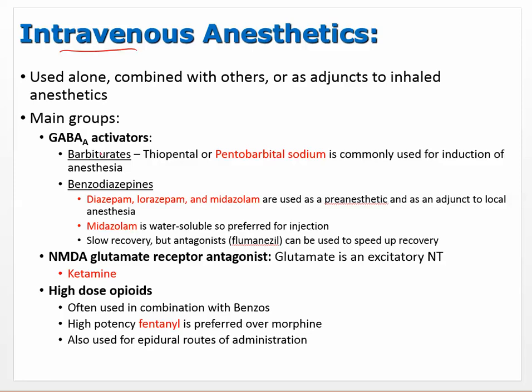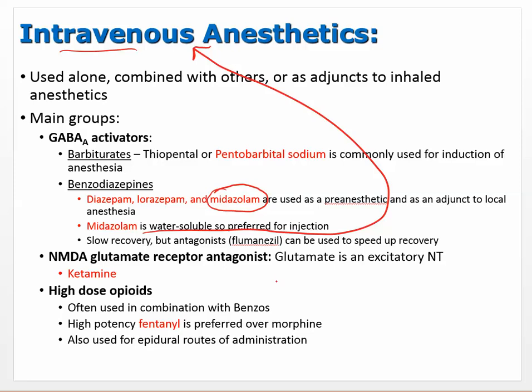So the main groups, the GABA A activators, are barbiturates and benzos. Pentobarbital is commonly used for induction of anesthesia. Benzos are used as pre-anesthetic and as an adjunct to local anesthesia. Midazolam is one of our prototypes. It's water soluble, so it's actually preferred for IV administration.